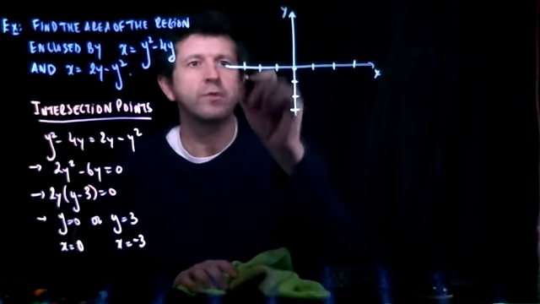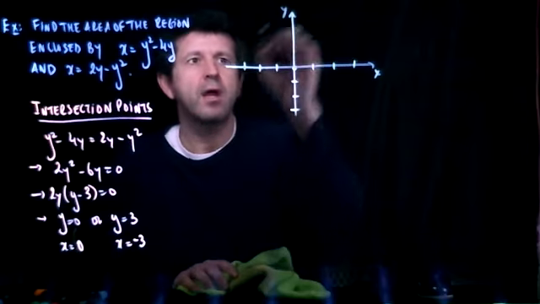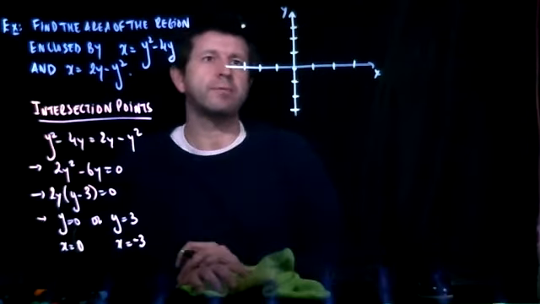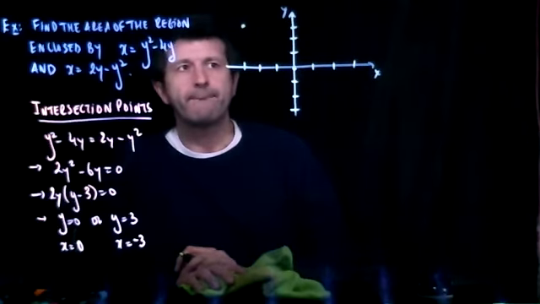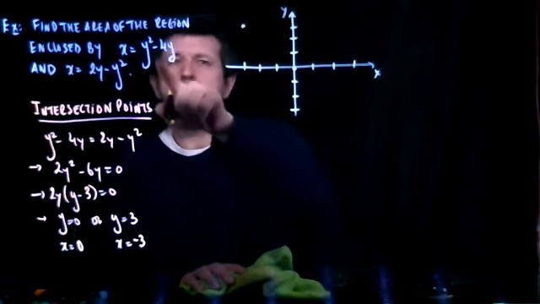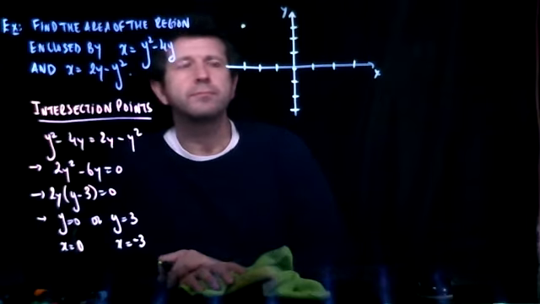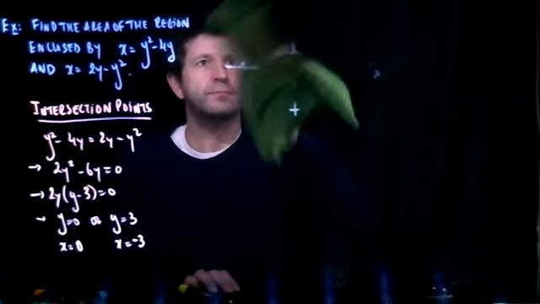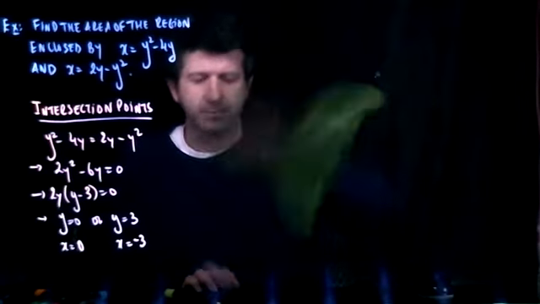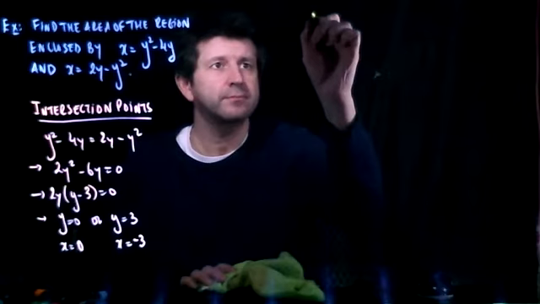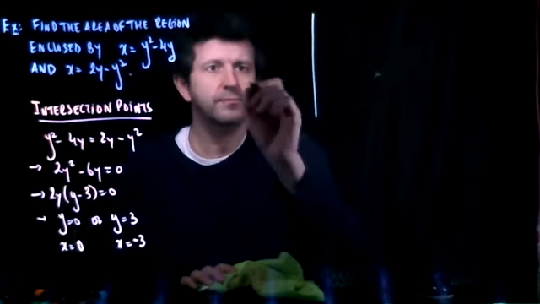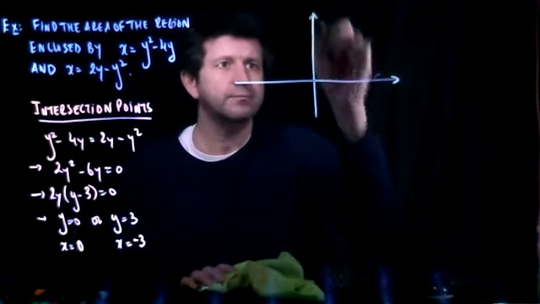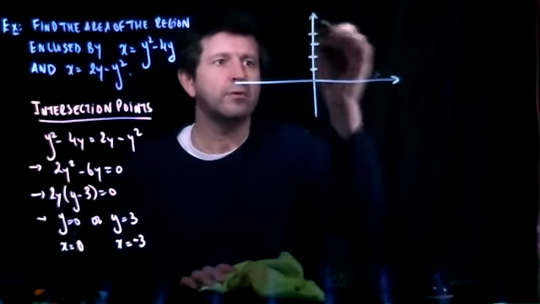That was weird. So negative 3 and 3. Right, that's better. Okay. Let me redraw so that I have more space. One, two, three, four.